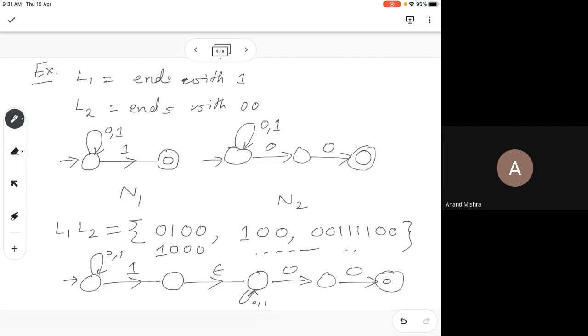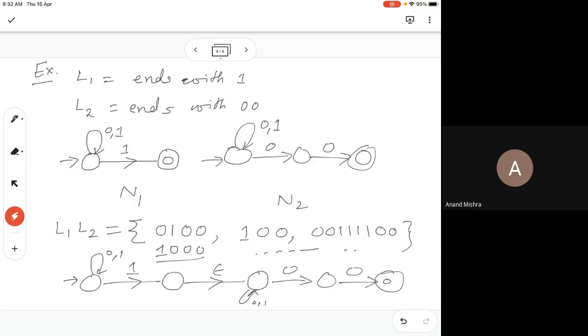This is also perfectly fine. 1000 it should accept, since it's ending with 00. 000 is not correct, that's true, but 1000 is fine. So this particular NFA is doing exactly the same. Whatever is the concat of these, it will recognize. So this is definitely doing the same thing.